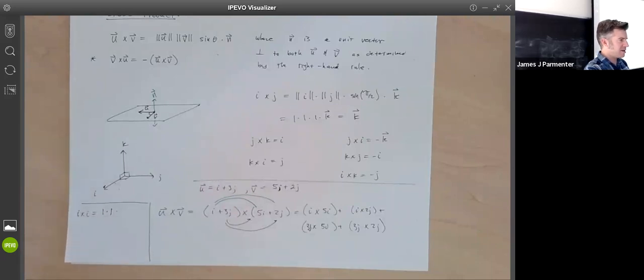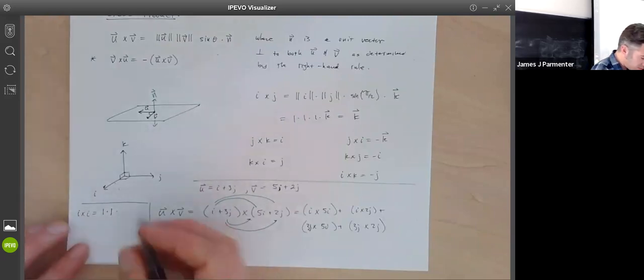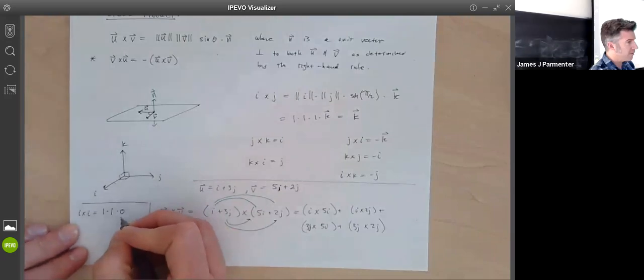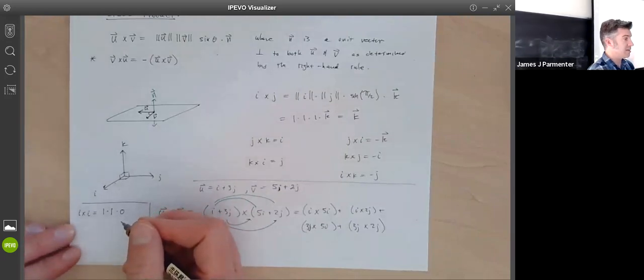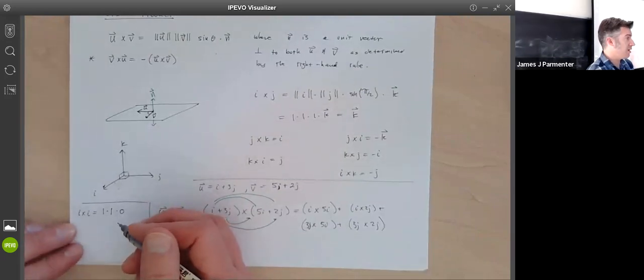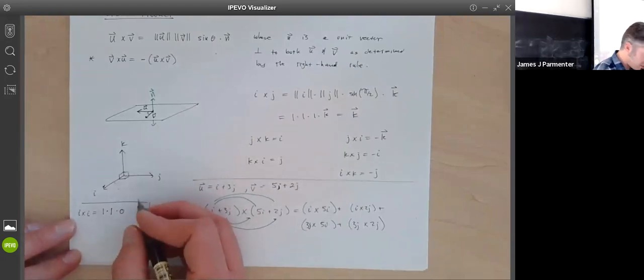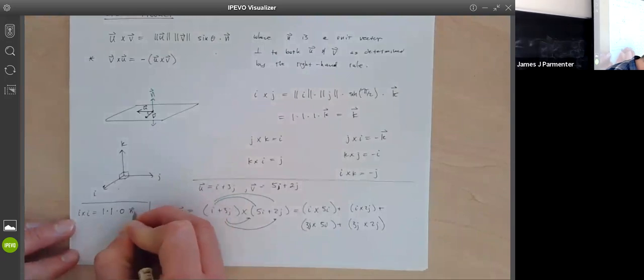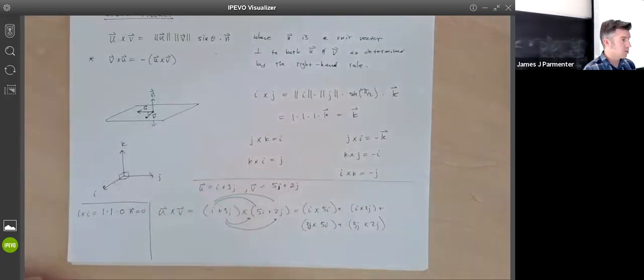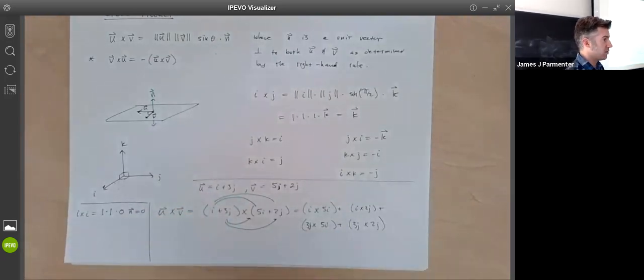What's sine of 0 degrees? 0. So when you cross a vector with itself, or more generally with a vector that's in the same direction as itself, the cross product is 0. You get a 0 vector. So whenever you cross something with itself, something parallel to itself, you're always just going to get nothing.